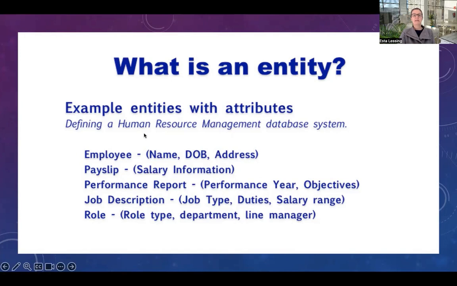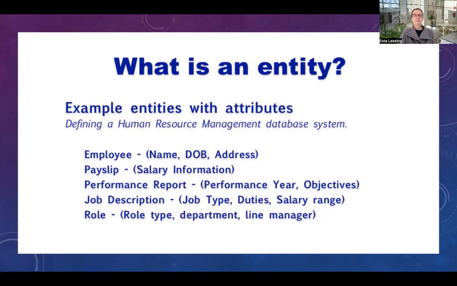For example, in a human resource management database, you would typically have the entity of an employee, a payslip, a performance report, a job description, or a role. And these would all be effectively groups of data that get managed together.